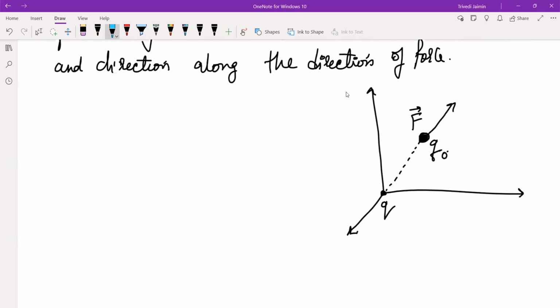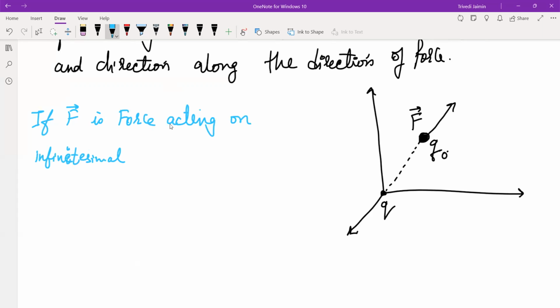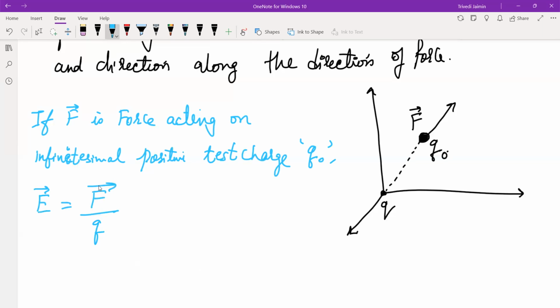Then let's write about this one. If F is the force, so F is the force acting on this small positive test charge, that is Q naught. So the electric field here will be equal to force by Q naught.